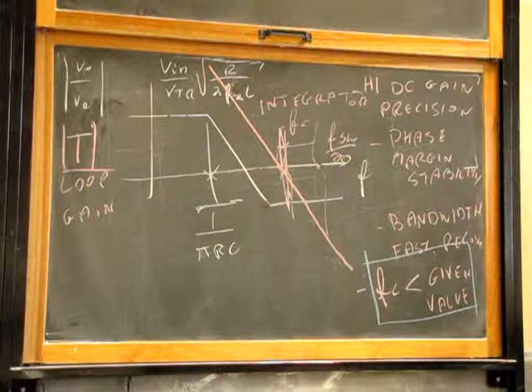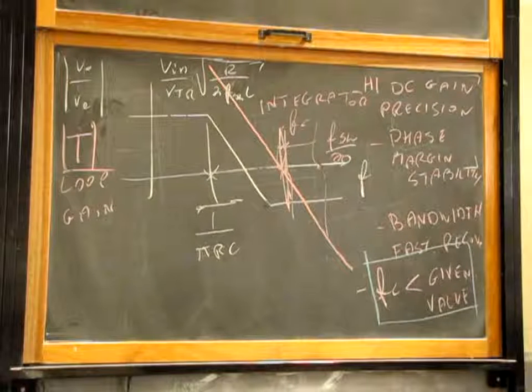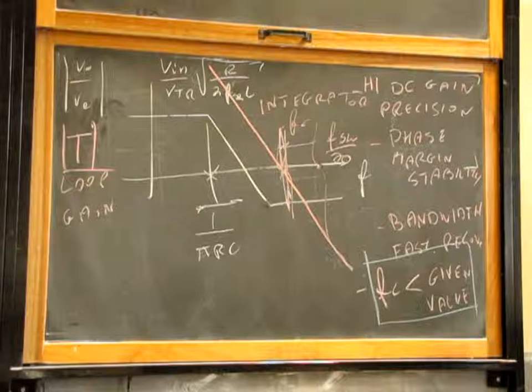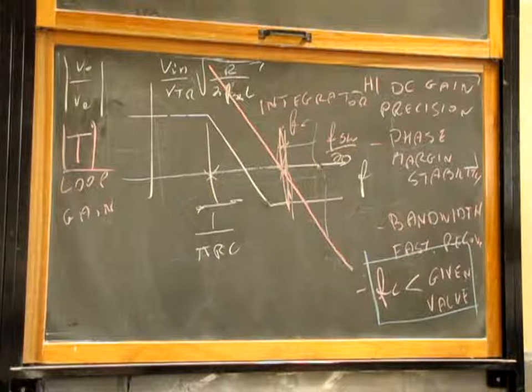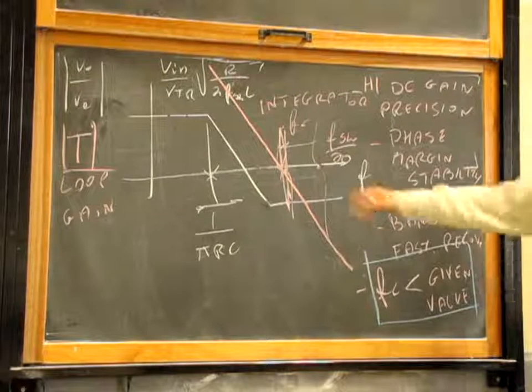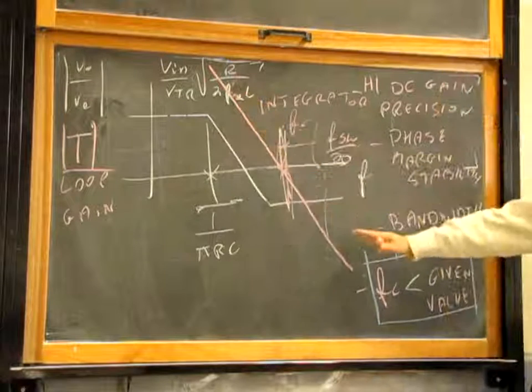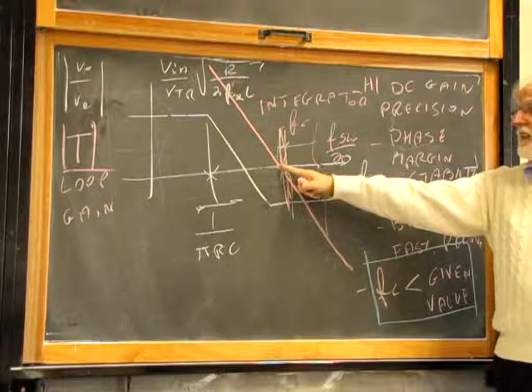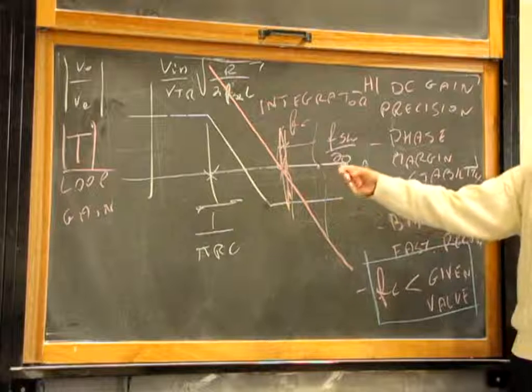If my T function is really this red curve. Yes, 90 degrees. If my system is a type 1 system with no other zeros and poles, it comes down with a constant slope, and when I cross over here, phase is negative 90 degrees, so my phase margin is 90 degrees.